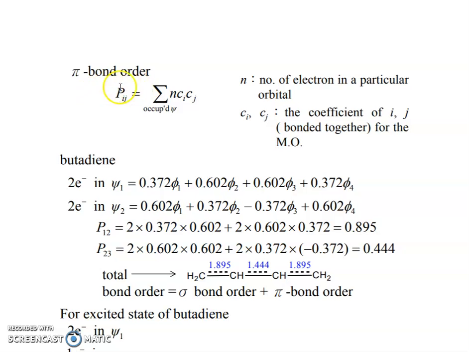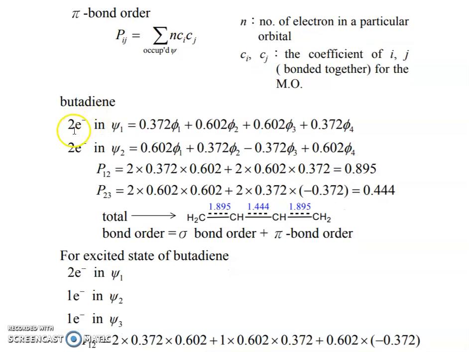Now friends, pi bond order. This you can see here, Pij. Pij is equal to the summation over occupied psi of n ci cj, where n is the number of electrons in the particular orbital, and ci cj are the coefficients of atoms i and j bonded together for the molecular orbitals.